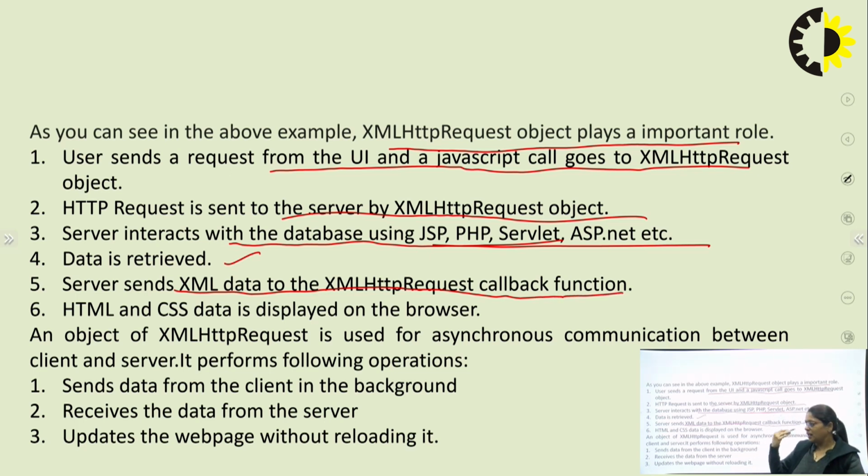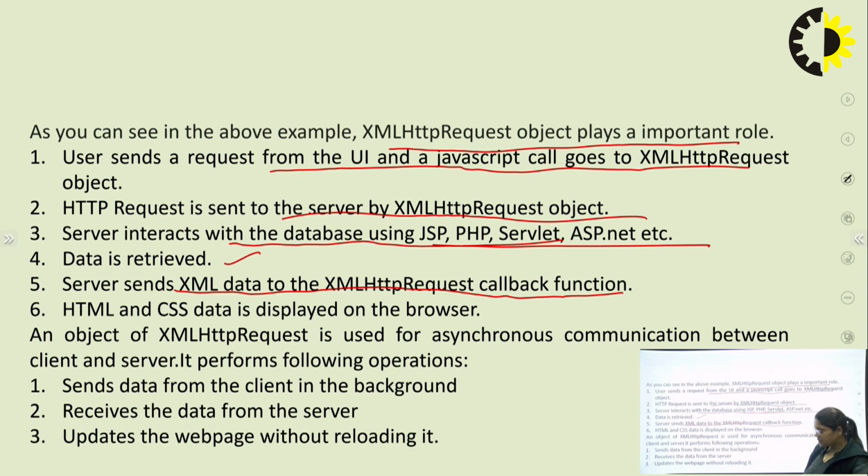Because once your request is executed on the server, the response will get back to the client. So the server sends the XML data to the XML HTTP request callback function.